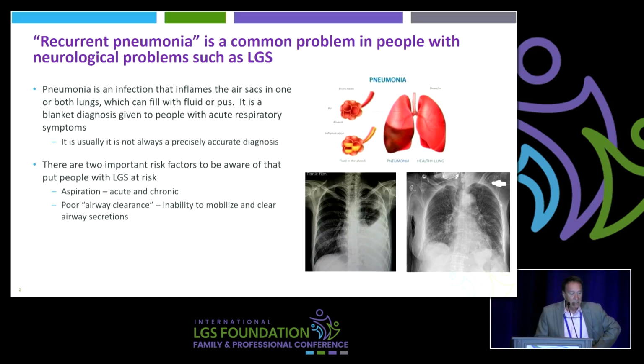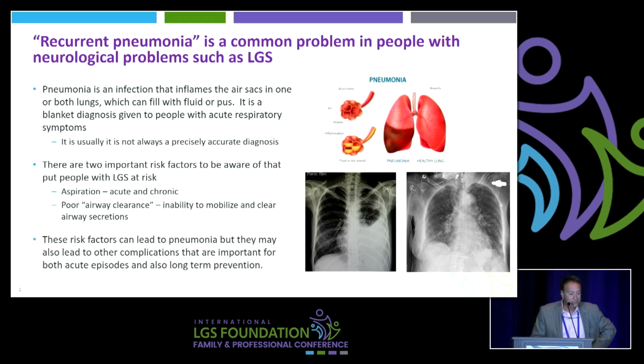And then there's the idea of poor airway clearance that I talked about a little at the workshop we did yesterday, the inability to mobilize secretions from the airway, and they get stuck down there and cause all kinds of mischief. Those two basic risk factors are really what we're going to be talking about, and what they lead to. They lead to pneumonia, but they also lead to other complications that are important for both acute episodes and long-term strategies for prevention.